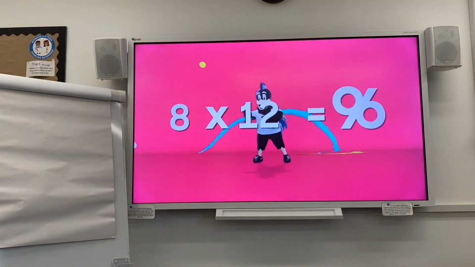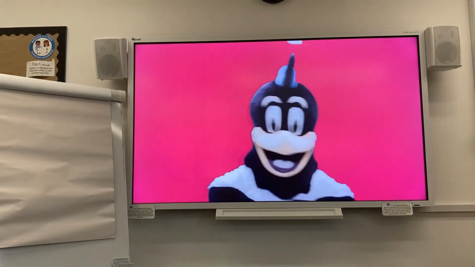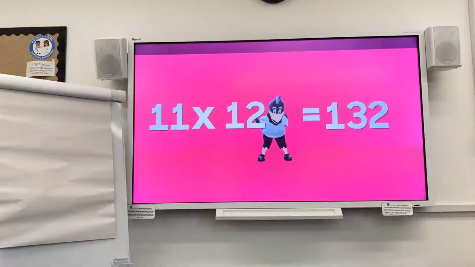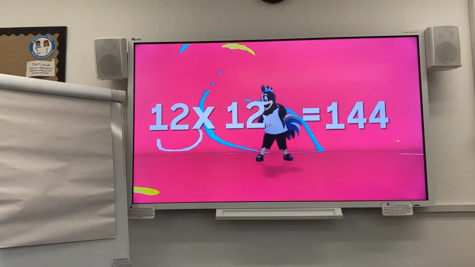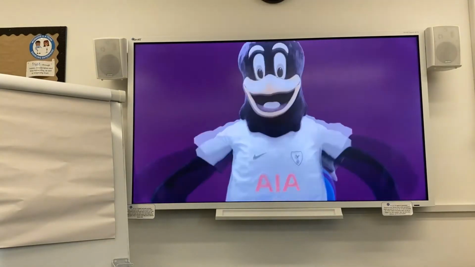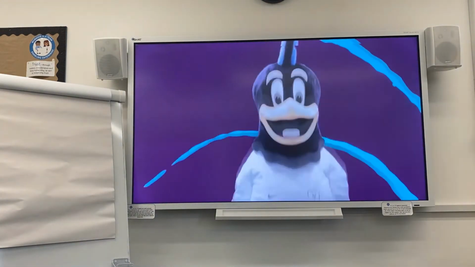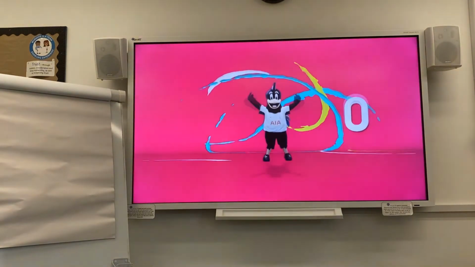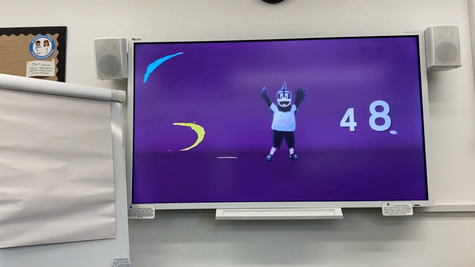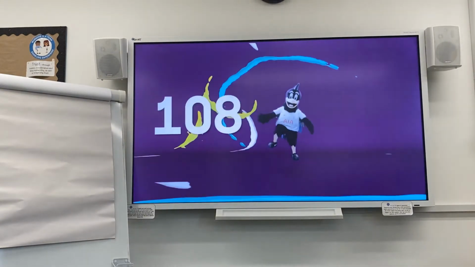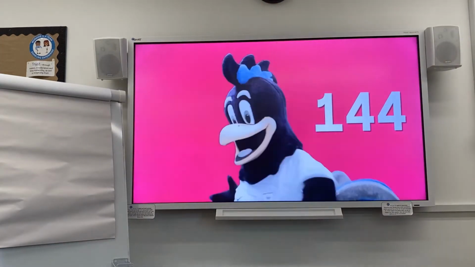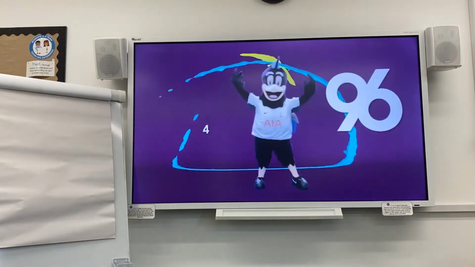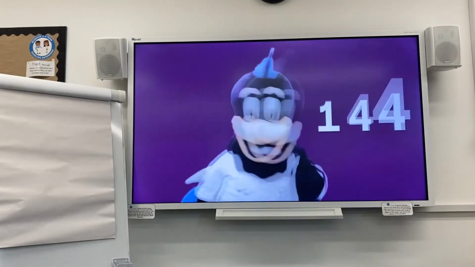Cock-a-doodle-doo. 7 times 12 is 84. 8 times 12 is 96. 9 times 12 is 108. 10 times 12 is 120. 11 times 12 is 132. 12 times 12 is 144. 0, 12, 24, 36, 48, 60, 72, 84, 96, 108, 120, 132, and 144.